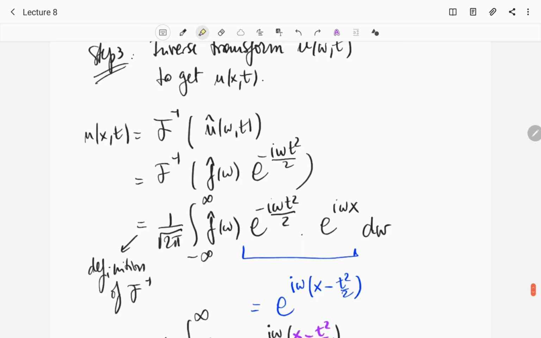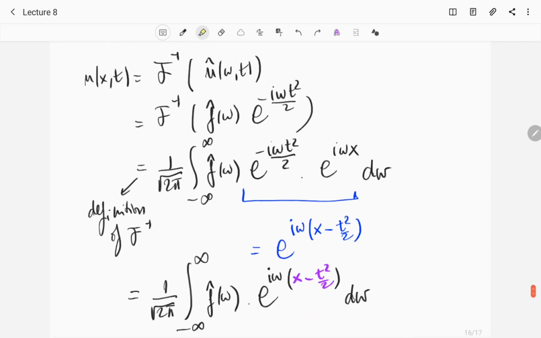Step 3 of this change of identities, we use the definition of the inverse Fourier transform, which is exactly this guy here, the factor 1 over square root of 2 pi, the integral from minus infinity to infinity of the function that we got and this exponential.